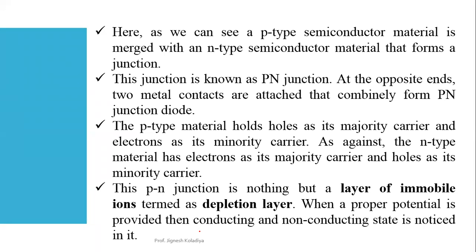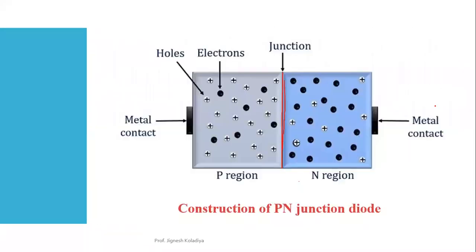Here, as we can see, a p-type semiconductor material is merged with n-type semiconductor material that forms a junction. This junction is known as p-n junction. At opposite ends, two metal contacts are attached, and that is combinedly known as p-n junction diode.